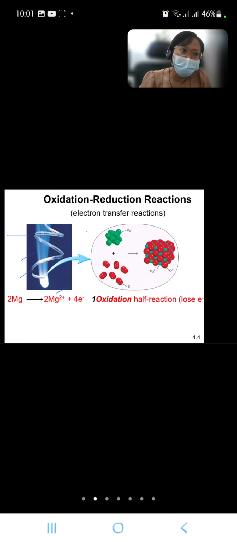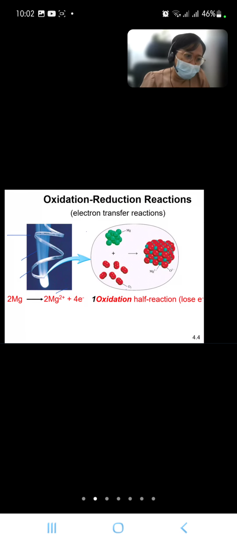So if magnesium loses 2 electrons, it becomes Mg plus 2, right? If a magnesium atom loses 2 electrons, it becomes Mg plus 2. It can give up 2 electrons because magnesium is capable of losing 2 electrons. That is why it belongs to group 2A.